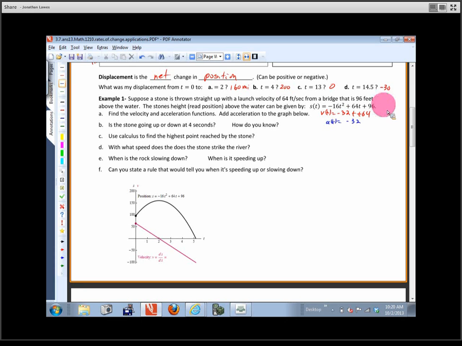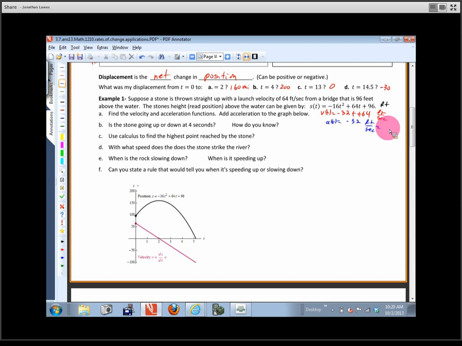So if this gives the answer for position in feet, this gives the answer for velocity in feet per second. And this would give the acceleration in feet per second squared.